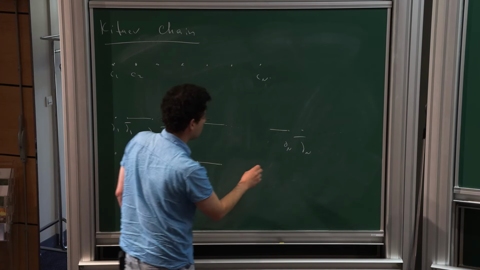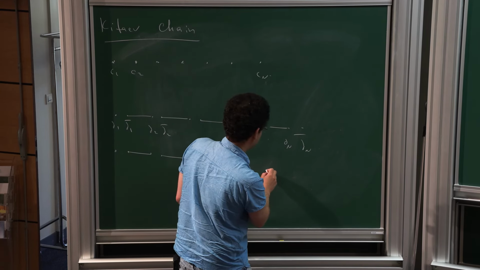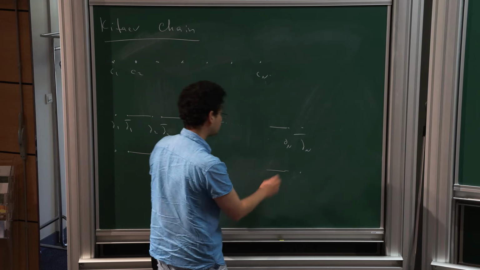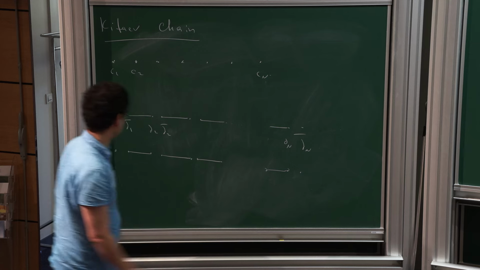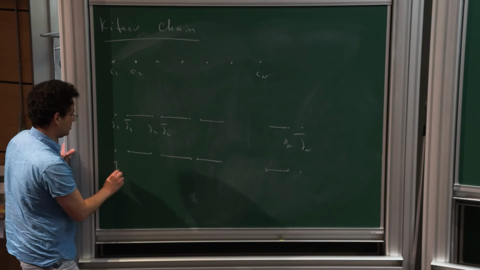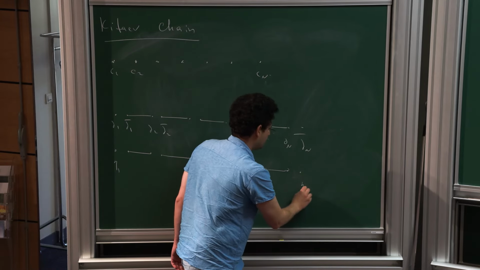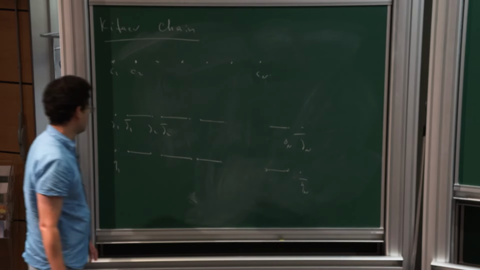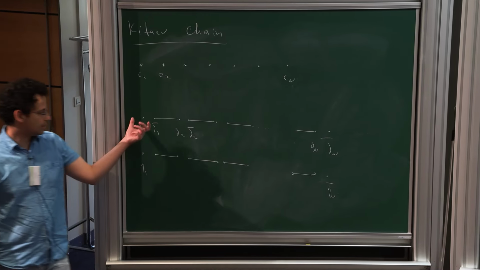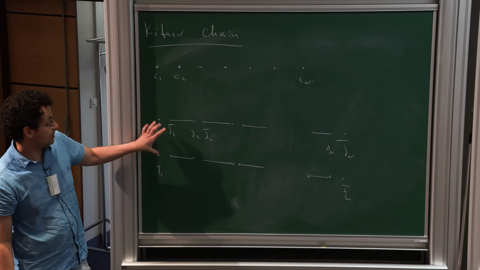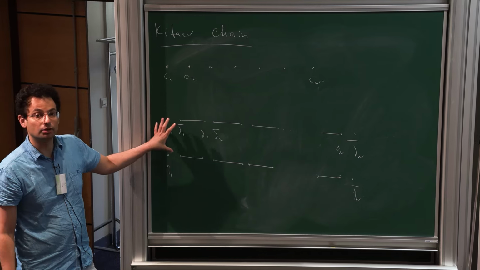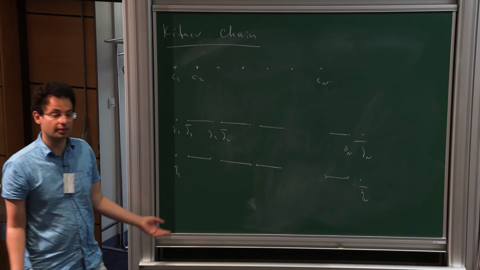Let's consider an open chain, and let's ask whether we can gap out the boundary Majorana modes. So let's call this eta 1 here and eta n bar here. So each chain contributes a dangling Majorana mode, and let's see if by adding perturbations, coupling the two chains, we can gap out the boundary modes, and the answer is obviously yes, right?